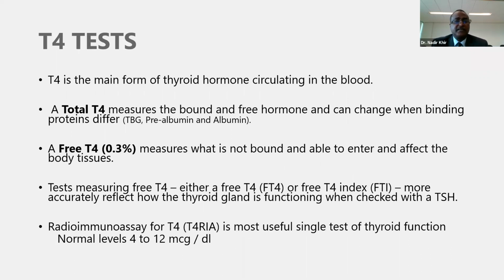The T4 test. T4 is the main form of thyroid hormone circulating in the blood. A total T4 measures bound and free hormone and can change with changes in the proteins. So when do I order total T4 in my patients? Rarely. Why? Because total T4 includes the protein-bound and the free. The free is free, but the bound depends on the proteins.